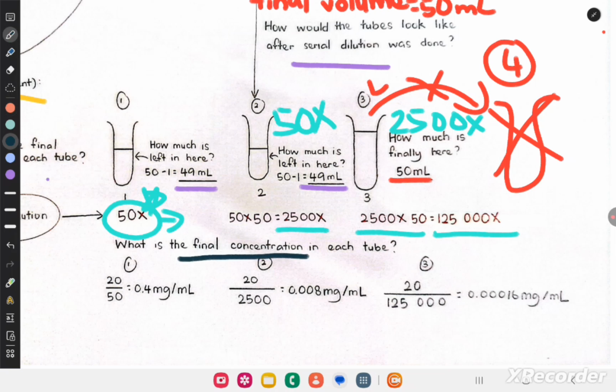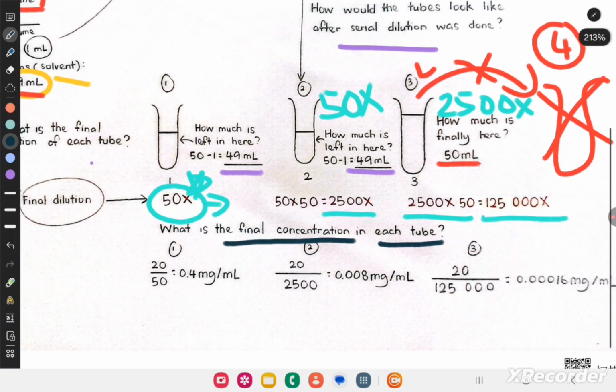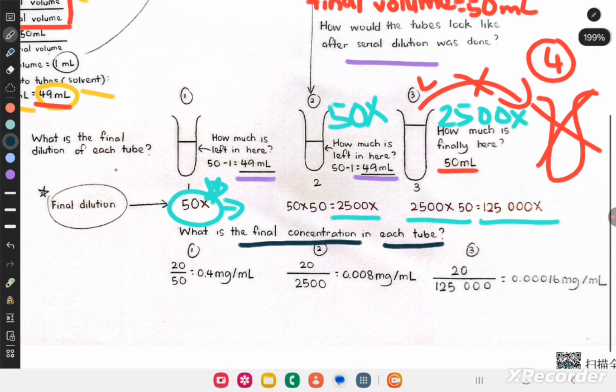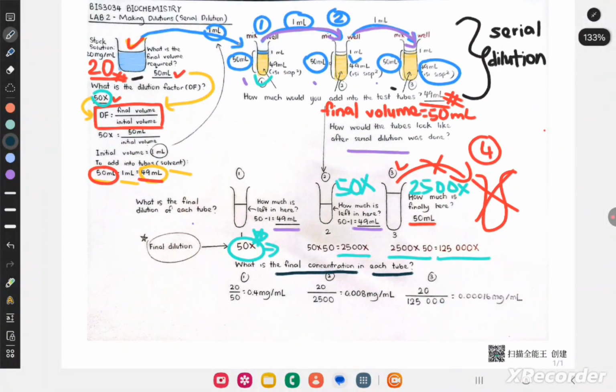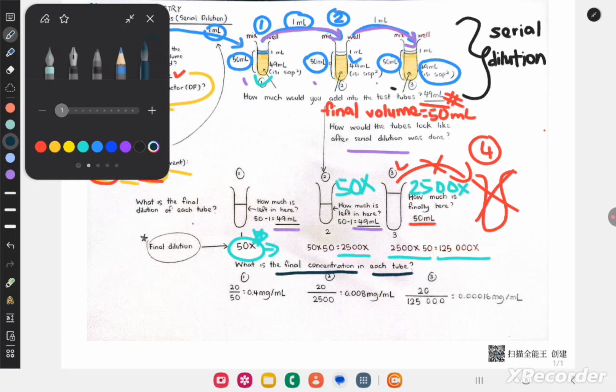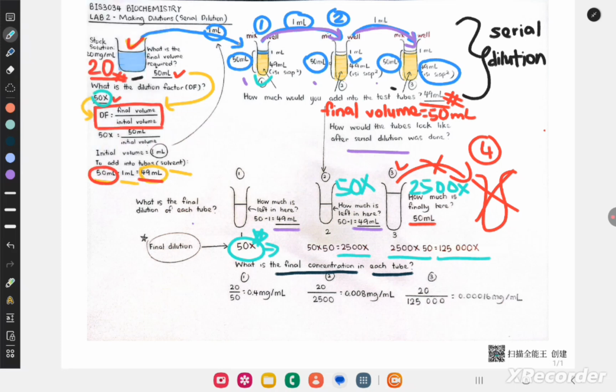So the last question is, what is the final concentration in each tube? We need to look through all the pictures first, and get the full image of this serial dilution. First of all, we know that the stock solution concentration is 20.